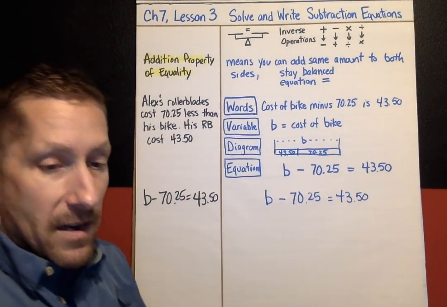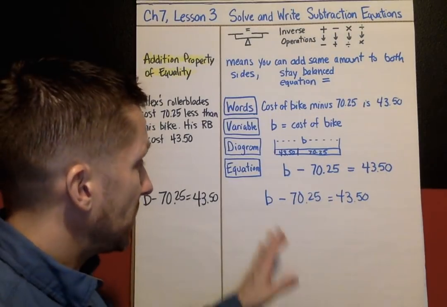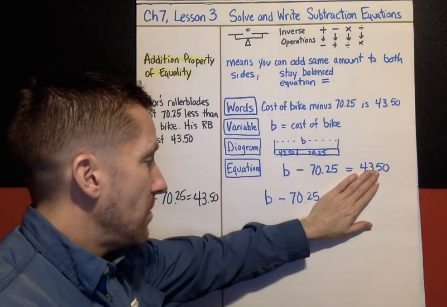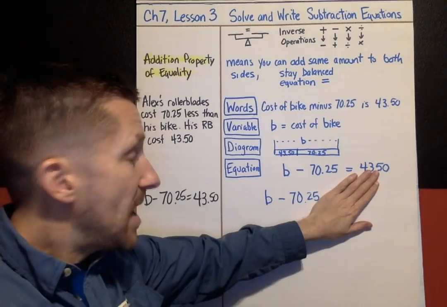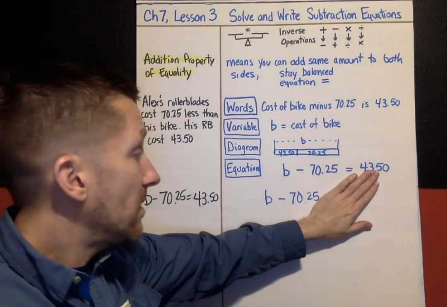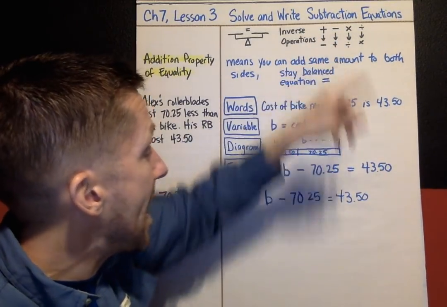Now, just like we did with solving addition equations, we start by looking at the side with the variable. B, subtract $70.25. How do we undo subtracting $70.25? Well, the inverse operation of subtract is add.